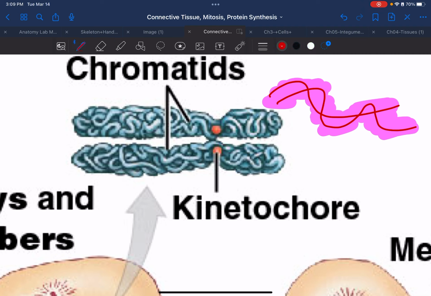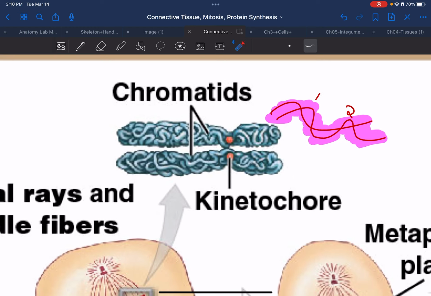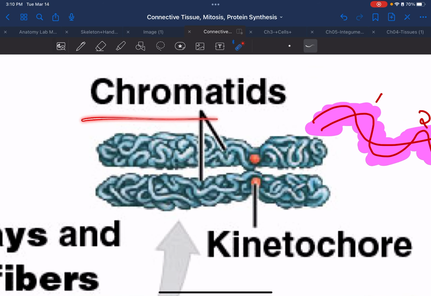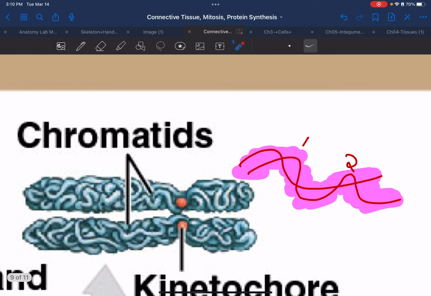And whenever your body wants to read, say, gene 1 over here, I'm just going to write a 1 for the sake of example, and 2 here, when your body wants to read gene 1, or this segment of the DNA, it'll unwind this protein and expose these little regions and read it. So these chromatids are a complex of DNA and protein, and that's as much information as we need as far as chromosomes and chromatids. DNA plus proteins.